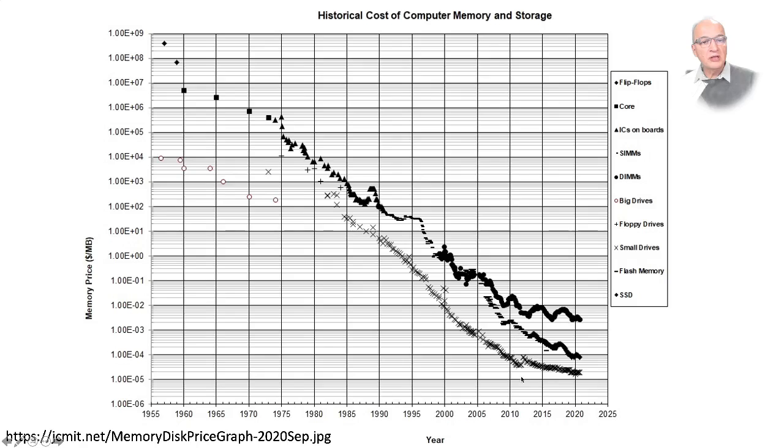So if you want to look at current trends, we can look at the small drives memory price down here. And here we can see the prices for flash memories, and this is the price for DRAMs. So you can see that over time there is oscillation in prices, but the trend for all those prices is to drop.